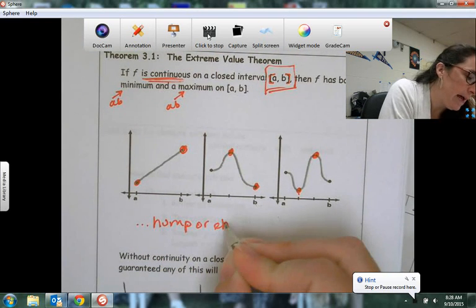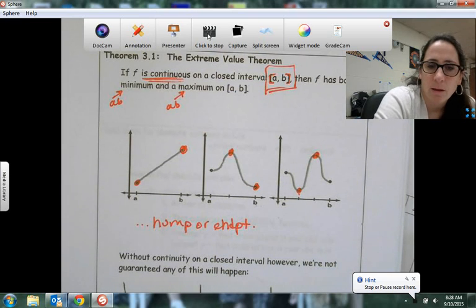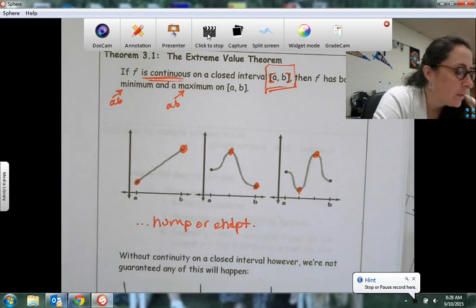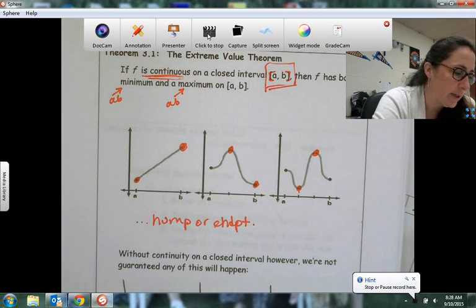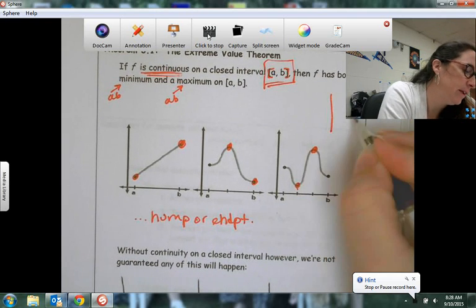Okay, so that output right there is both the max and the min. So it's actually at the same value when it's a constant. So you still have a max and you still have a min, but it's the same value. So it's just kind of boring.